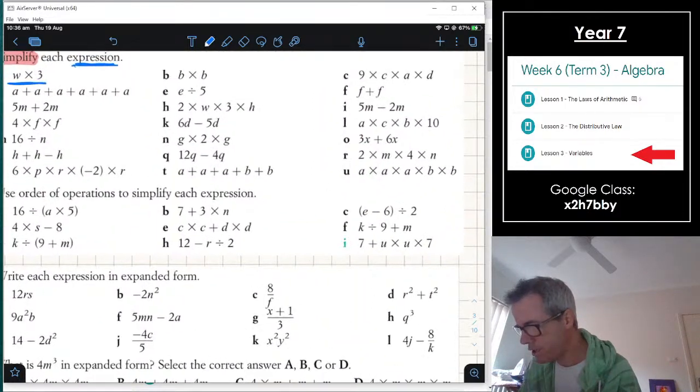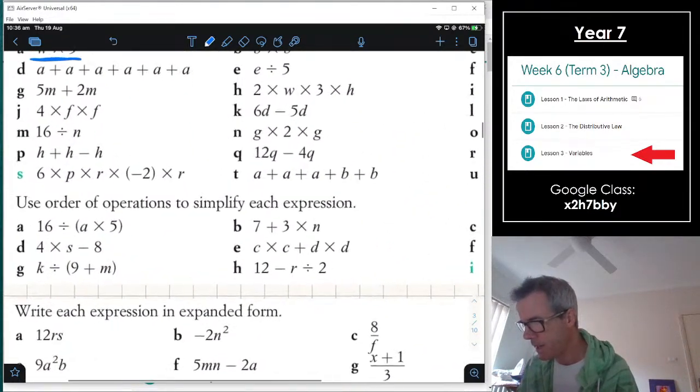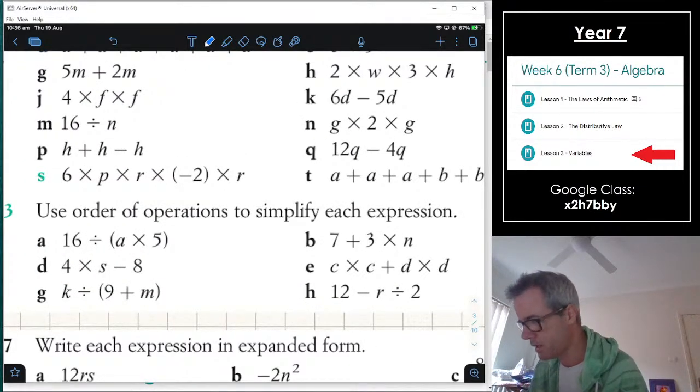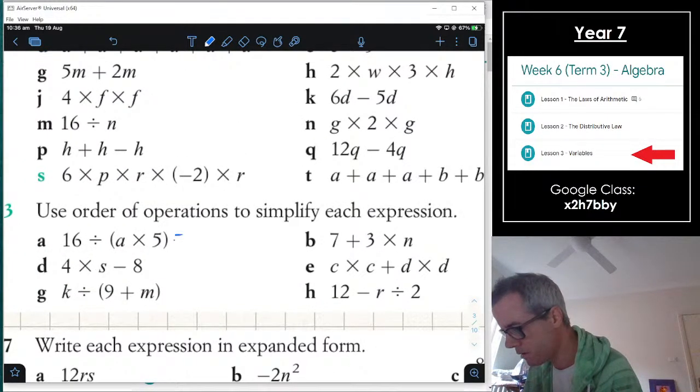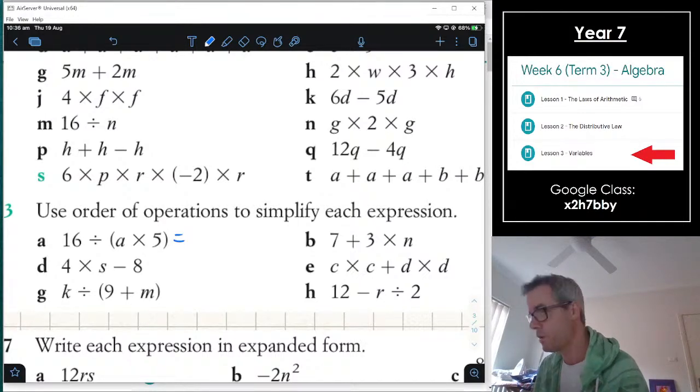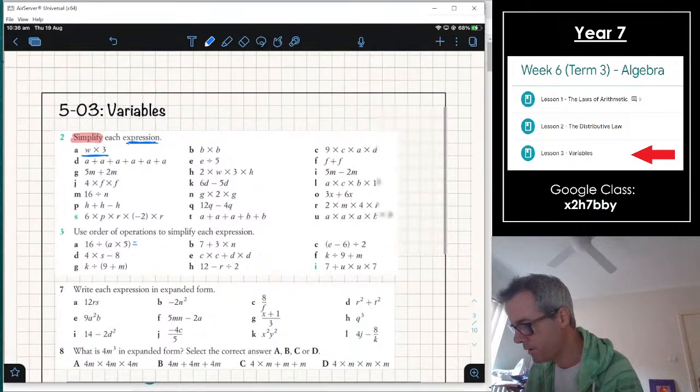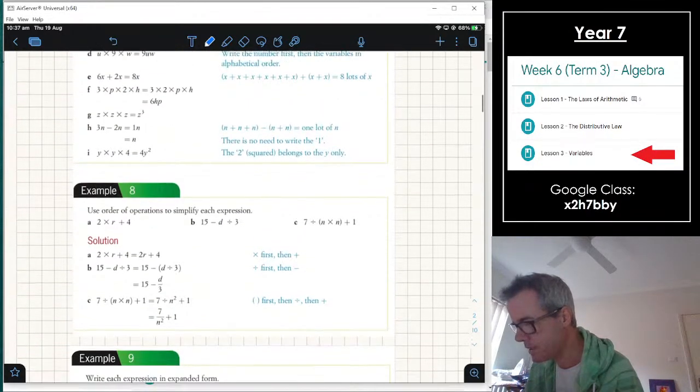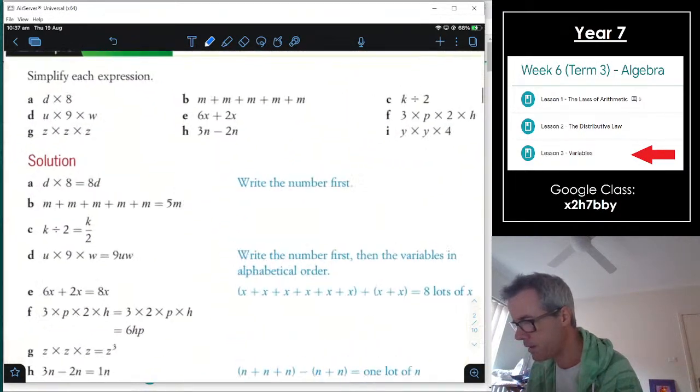Use order of operations to simplify each of these expressions. So let's have a look what's happening here. Is this all on the worksheet? No, so I'm writing on the worksheet so you can have a look at a few examples. Remember, you can use these examples if you come across problems up here.